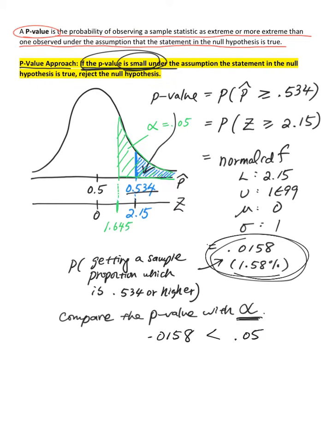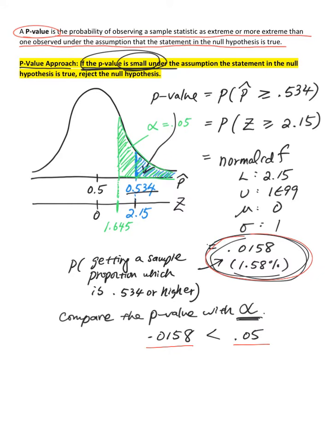Again, this is from the previous page. Notice that this green area, which is alpha, is much bigger than the blue area, which is the p-value.